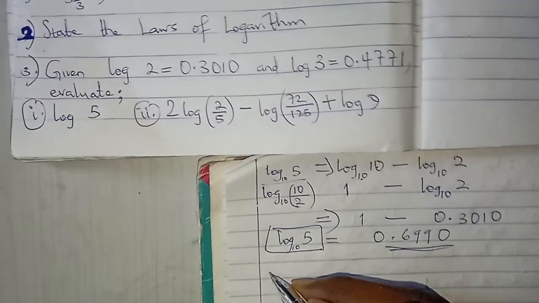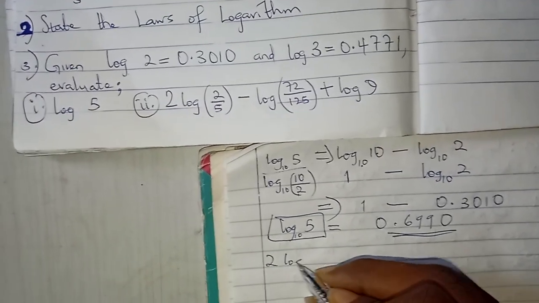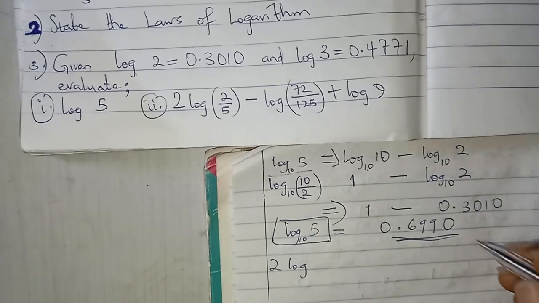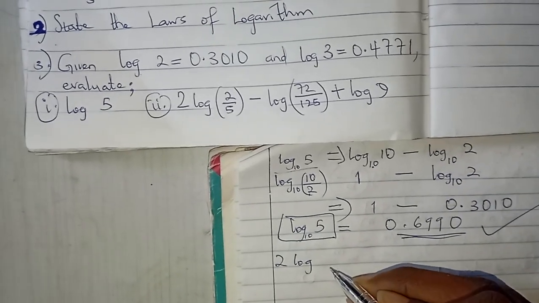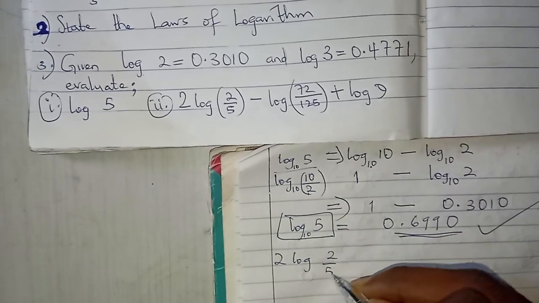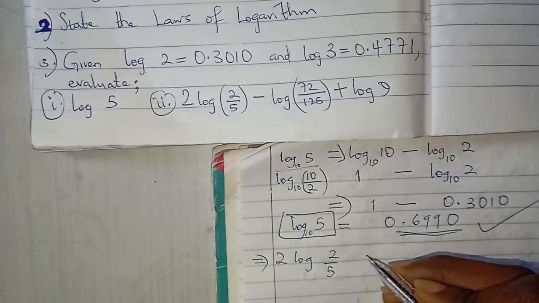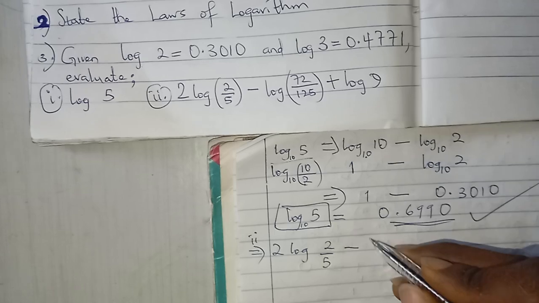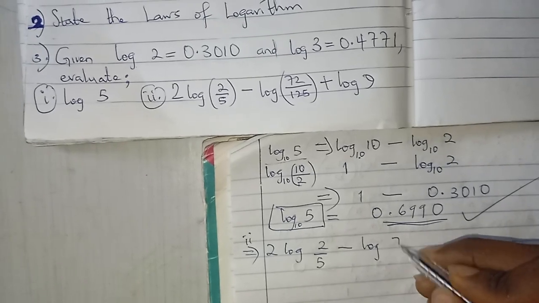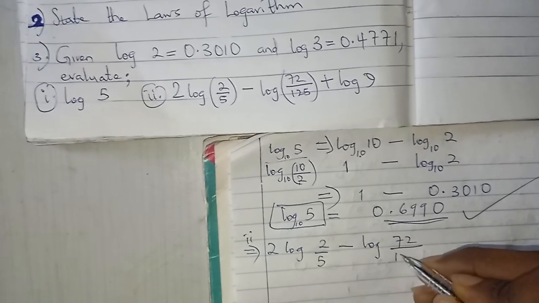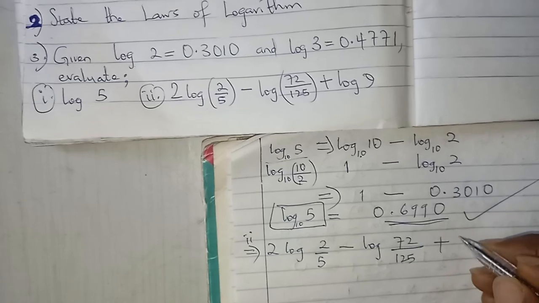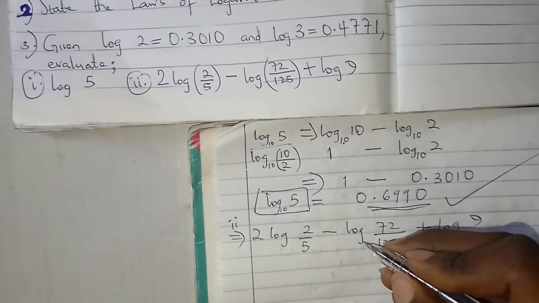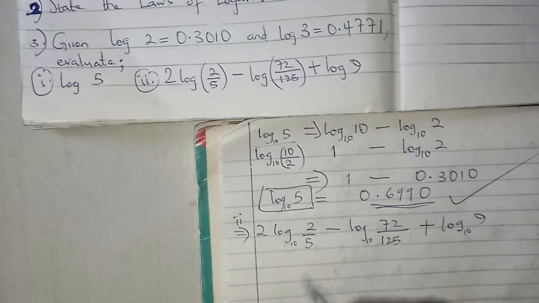They gave me to find 2 log 2 over 5 minus log 72 over 125 plus log 9. I would advise you put everything in base 10 so you don't forget anything.